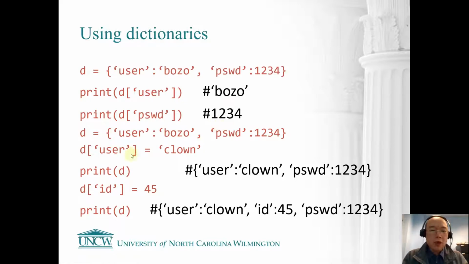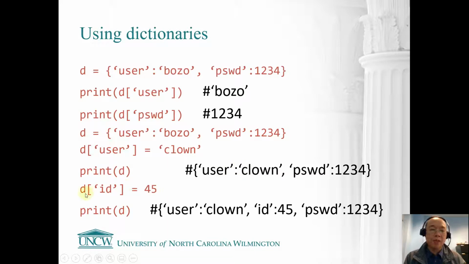Next, if you want to grab an existing key, you can update the value. I do have a key user, but when I assign the value of the key user to be clown, the key user is still here, however, the corresponding value is changed to clown.